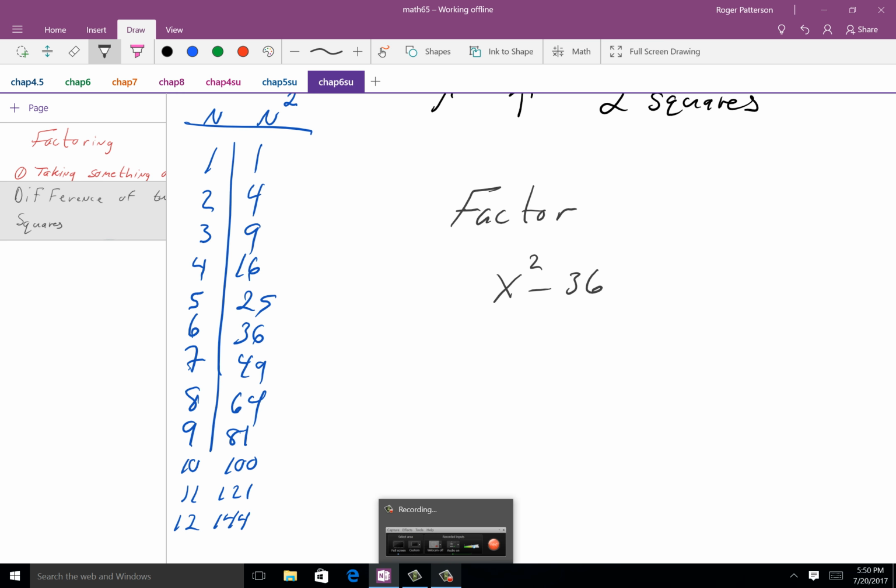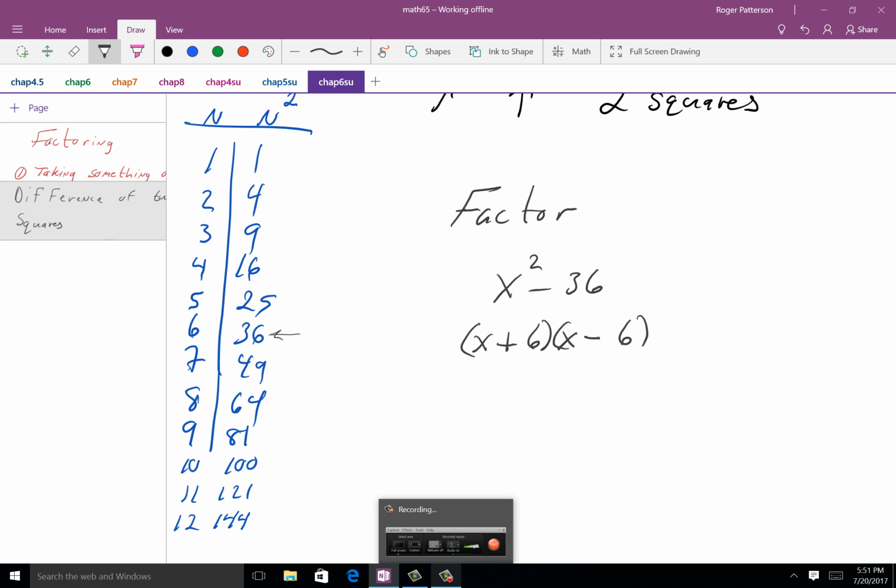All right, so we have x squared minus 36, because they're both perfect squares, 36 right here. Okay? All right, so then all we have to do is drop parentheses down, put an x here and an x here. The square root of 36 is 6. 6 is going to go here, 6 is going to go here, and then one of them would be a plus and the other one would be a minus.